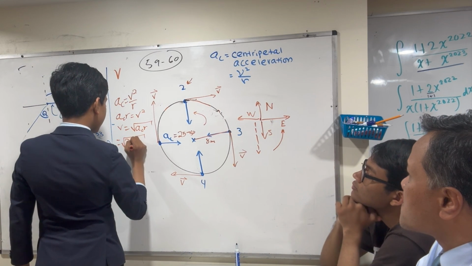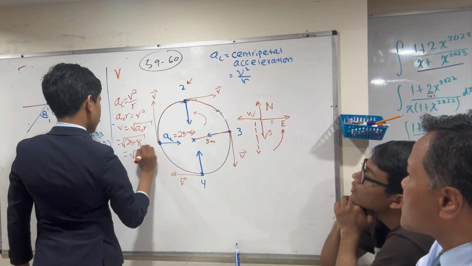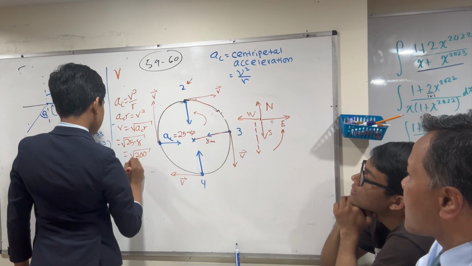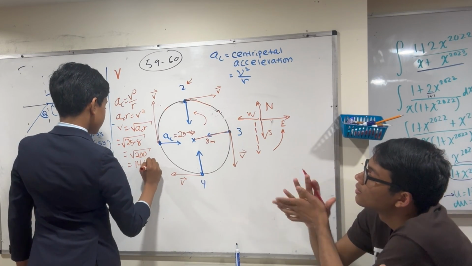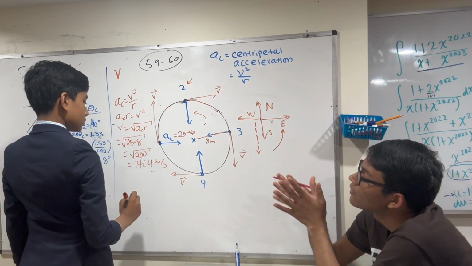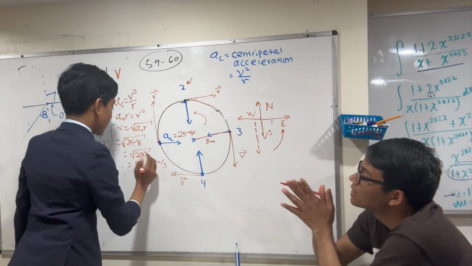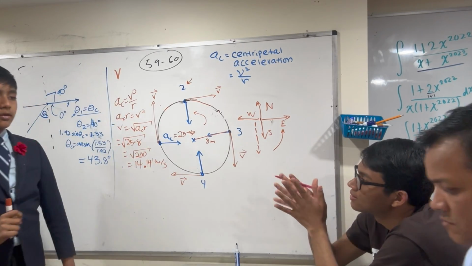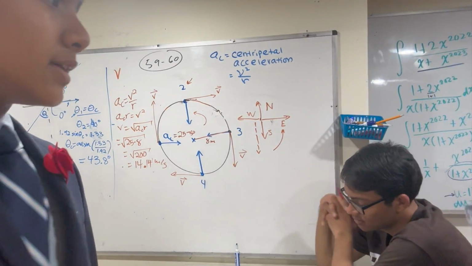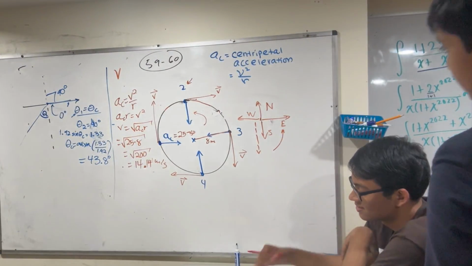So the square root of 25 times 8, which should be 14.14. Not 141.4. Oh wait, yeah, 14.14. You're right, wrong spot for the decimal. Thank you, Refast.